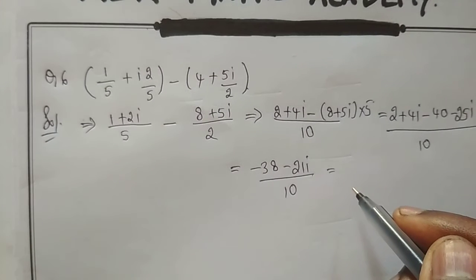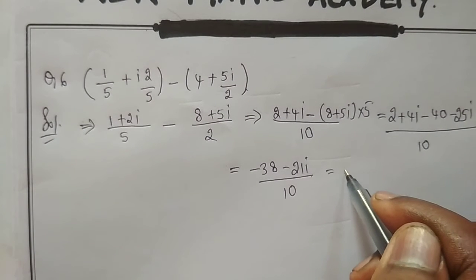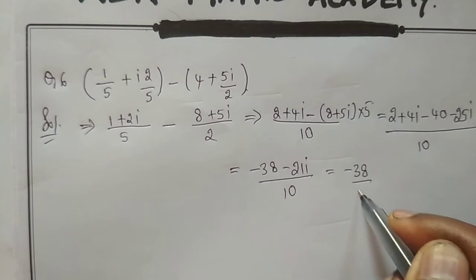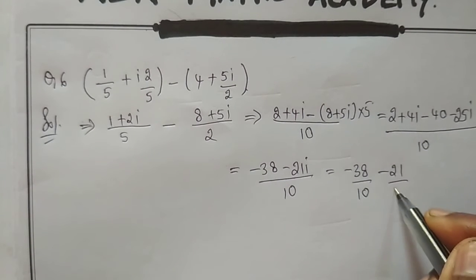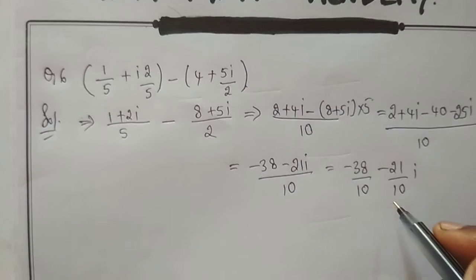We arrange the standard form of complex number, that is minus 38 by 10 minus 21 by 10i.